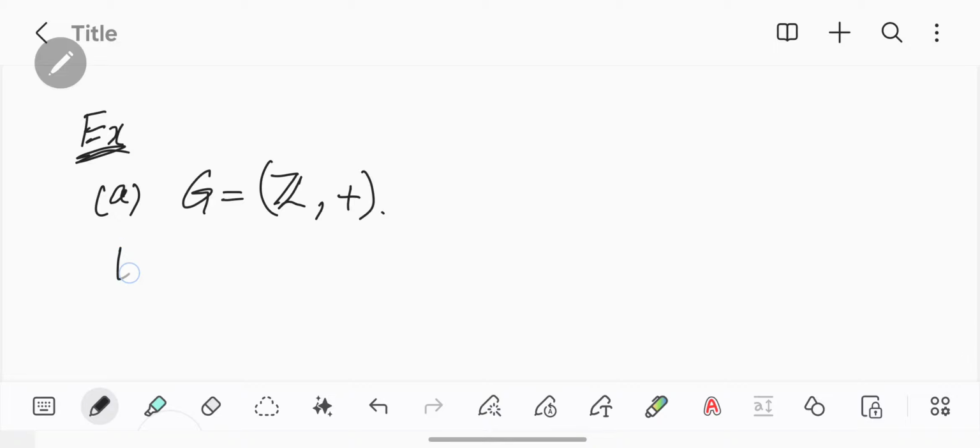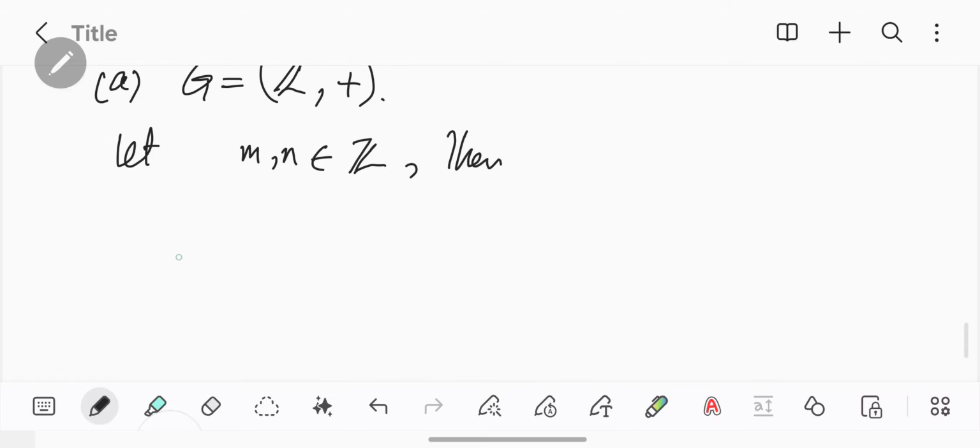Here, let's choose m and n from the set of integers. Then we know m plus n is equal to n plus m, because we know in the set of integers either you add this integer with this or you add this integer with this, you will get the same answer.